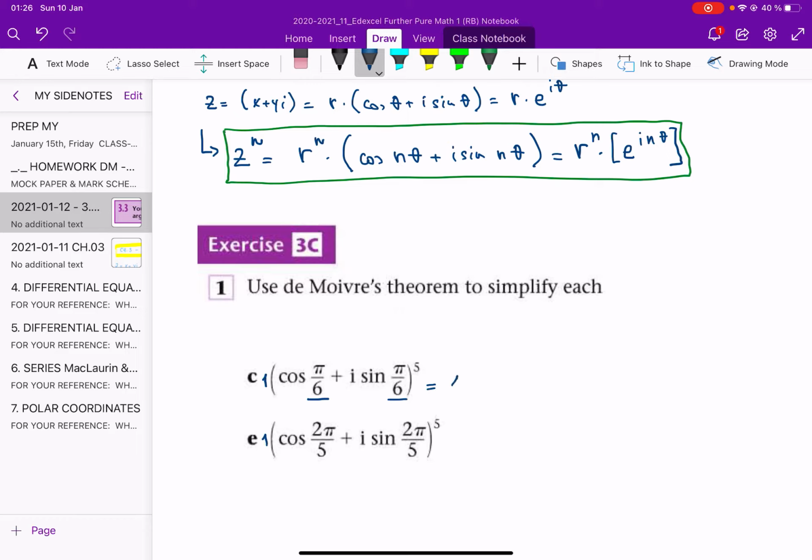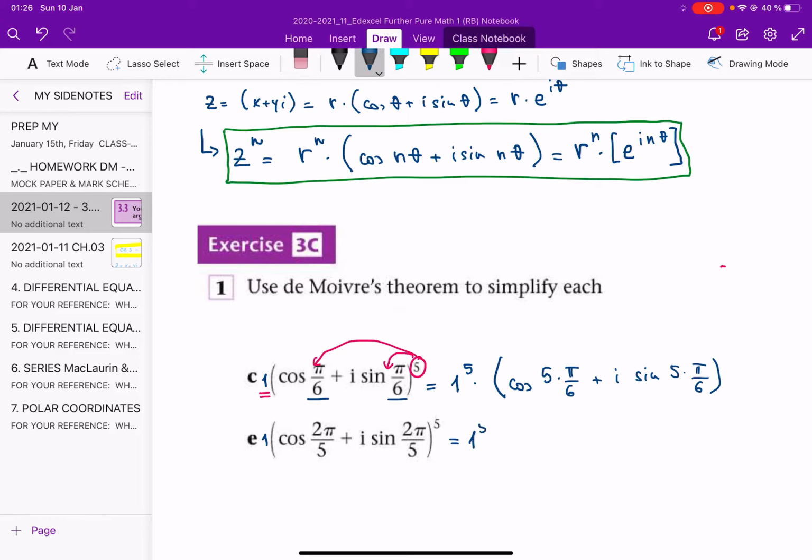Because that means 1 to the power of 5 times cosine of the multiple of the argument, 5 pi over 6, plus i sine 5 pi over 6. Okay, so you basically take the exponent and multiply the argument with it. And of course the modulus must be raised to the same power as well. So the same story is in the e case.